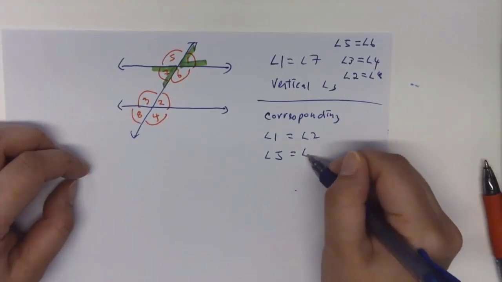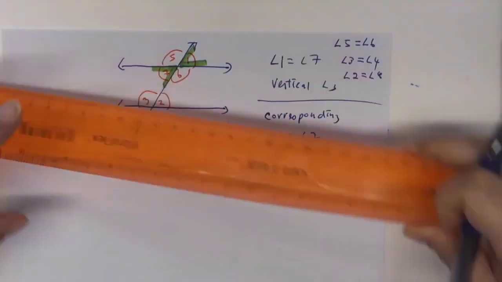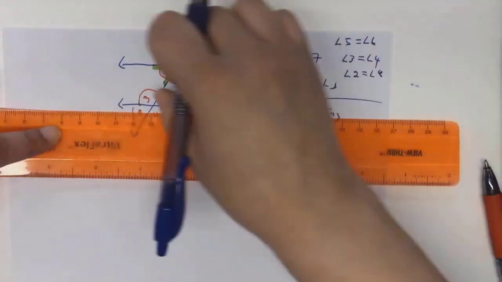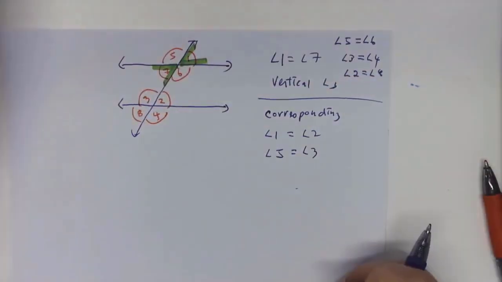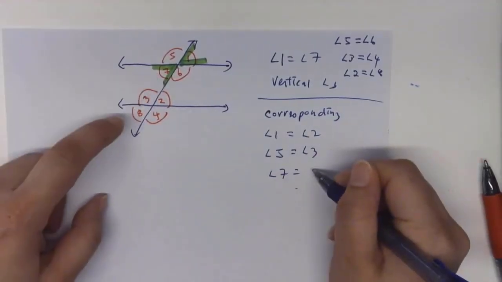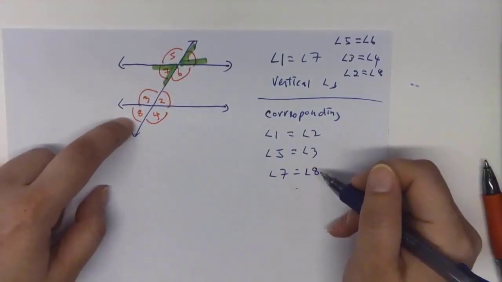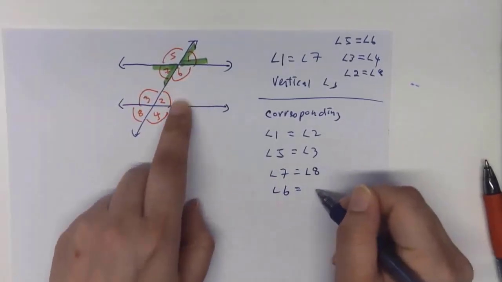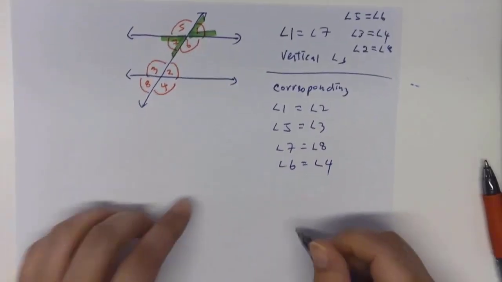Angle 3. So the way we see it is this is on top of the parallel line, and this is on top of the parallel line, they're on the same side, okay? Anything else? How about 7? 7 corresponds with 8. Both of them are below the parallel line. How about 6? 6 and 4. Can we kind of see that?